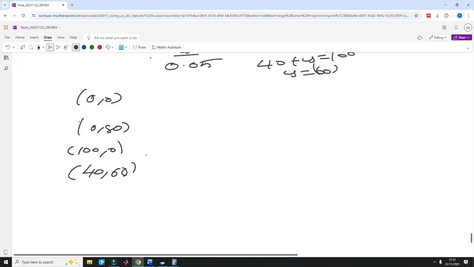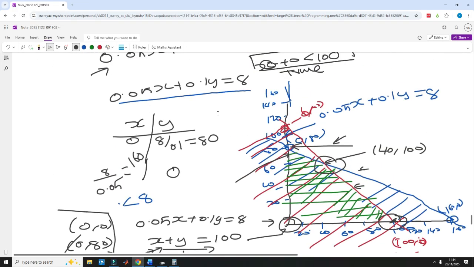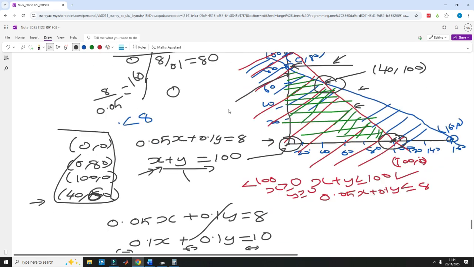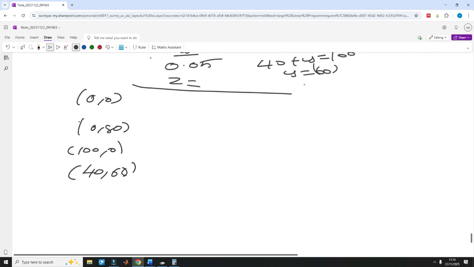And now you have the cost function as well, which is z is equal to 0.3x plus 0.4y.